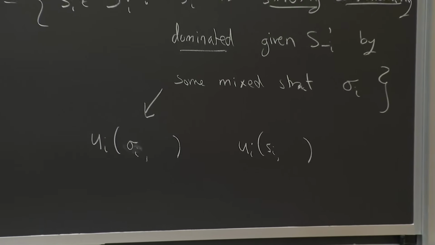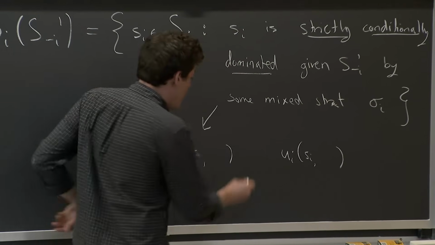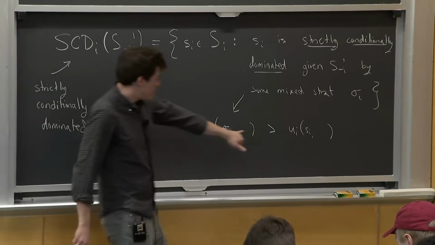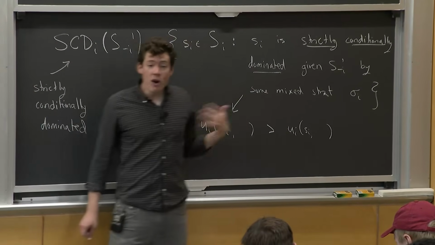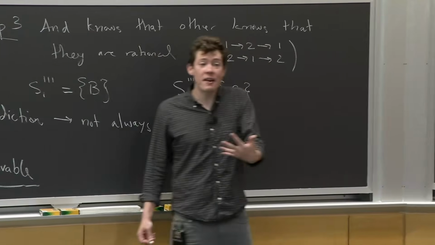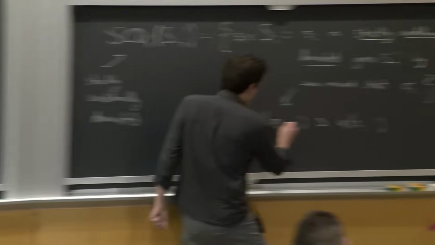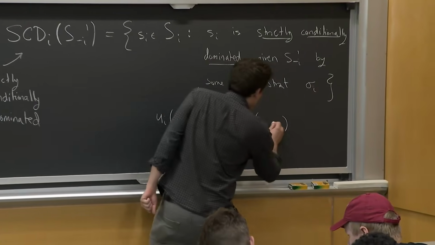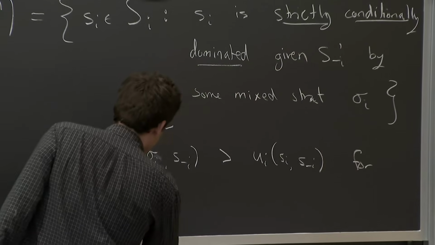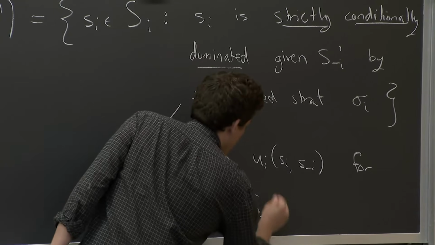So we're comparing sigma_i to s_i. We want s_i to be dominated by sigma_i, so we know the inequality has to go this way. And it's strict dominance, so it has to be a strict inequality. But we're not going to require this for every strategy of my opponents. We're only going to require it for the strategies that satisfy the condition. So this is going to be s_{-i}, but for which s_{-i}? For all s_{-i} that are elements of S_{-i}'.